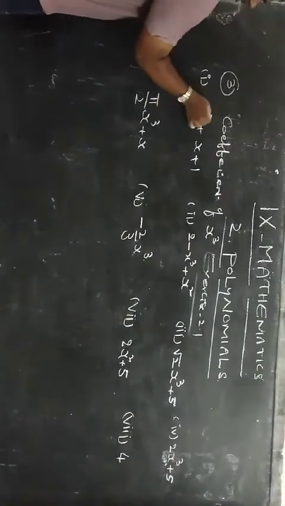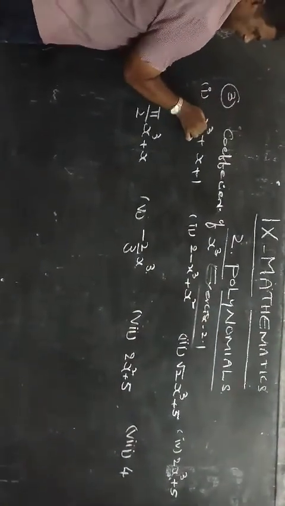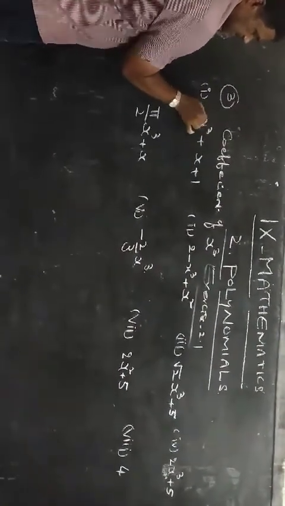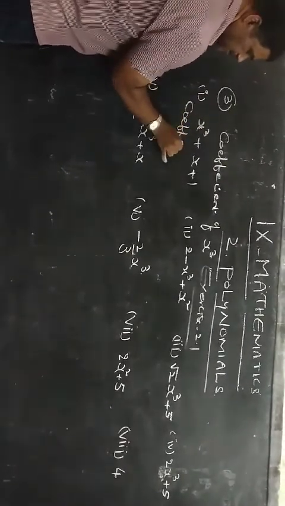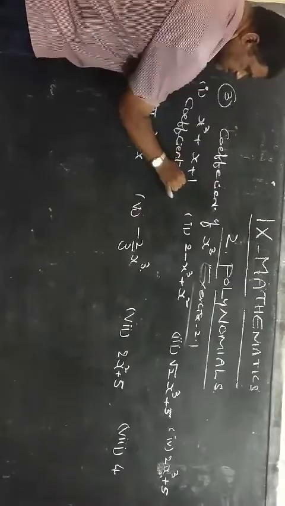Here x cube term is there and the number written on left side of that x cube, that is called coefficient. So here coefficient is not mentioned, so it is considered as 1.